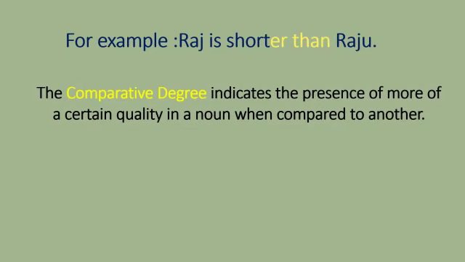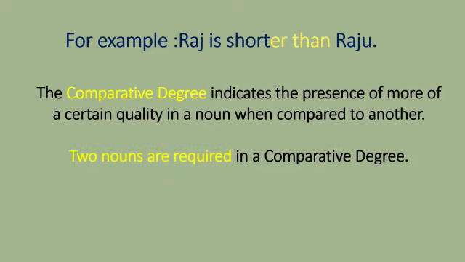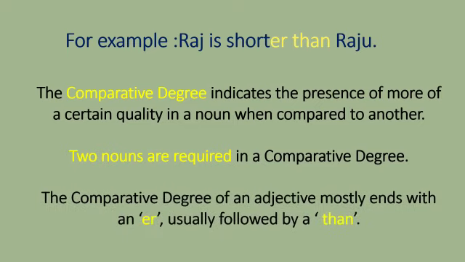The comparative degree indicates the presence of more of a certain quality in a noun when compared to another. Two nouns are required in a comparative degree. The comparative degree of an adjective mostly ends with an er, usually followed by a than.